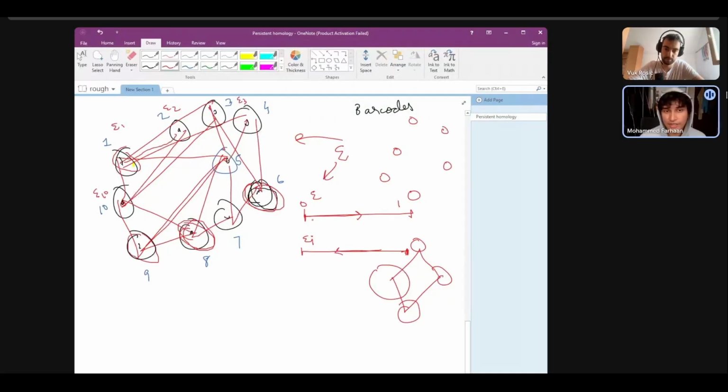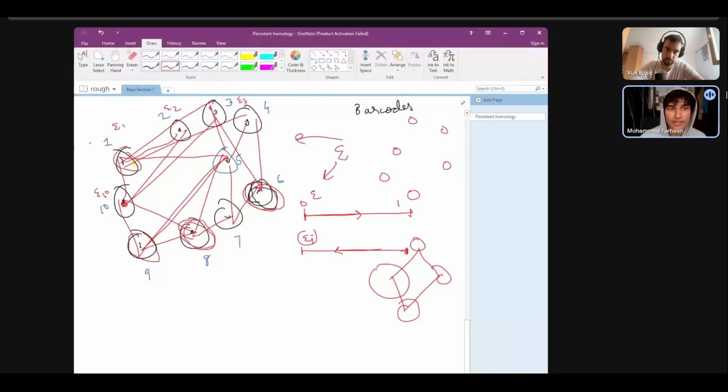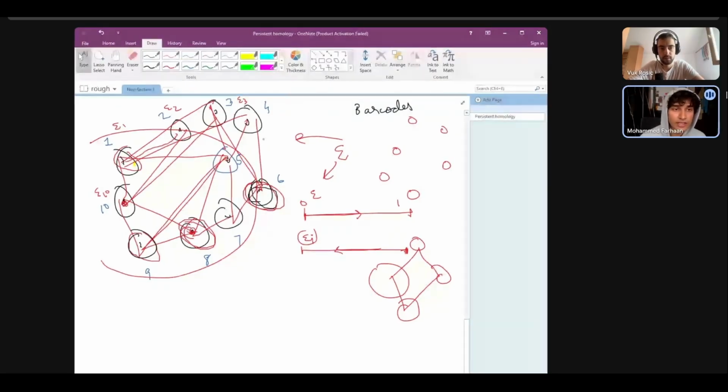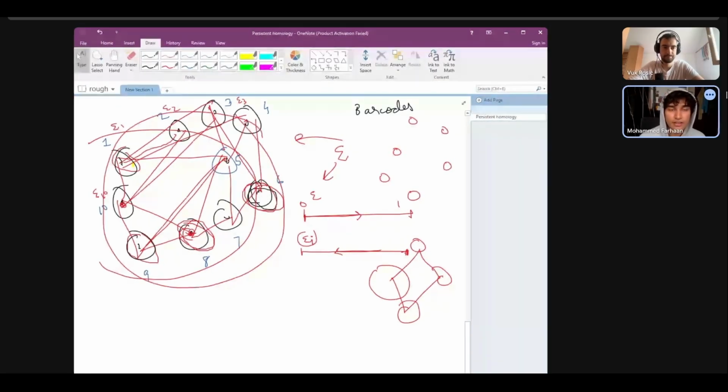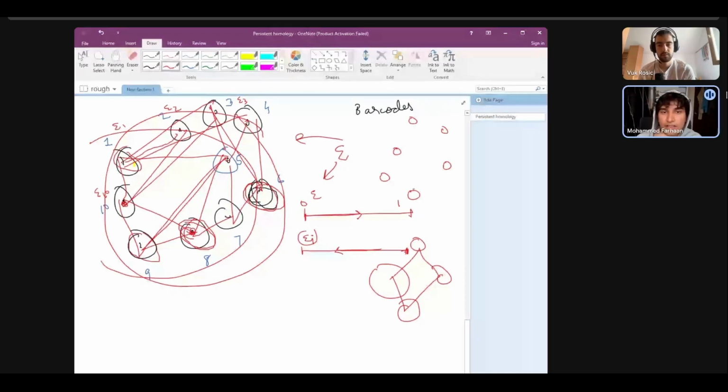So epsilon i is going to be a unique number for each of these, because this point is going to have a different distance for it to be connected to everything else. Similarly, this is going to have a different radius to connect to everything else as well. So if we scale this down, maybe we could do it faster, because now our points are not decreasing or increasing with the same radius.